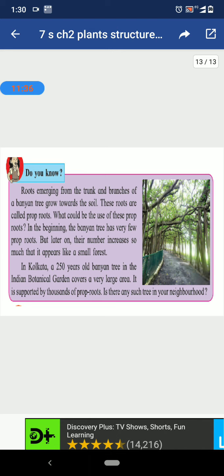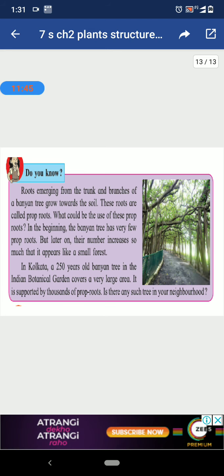In the beginning, the banyan tree has very few props. They initially have a few props, but later on the number will increase so much that it appears like a small forest. As the props go down and are near to each other and keep increasing in number, it appears like a small forest.